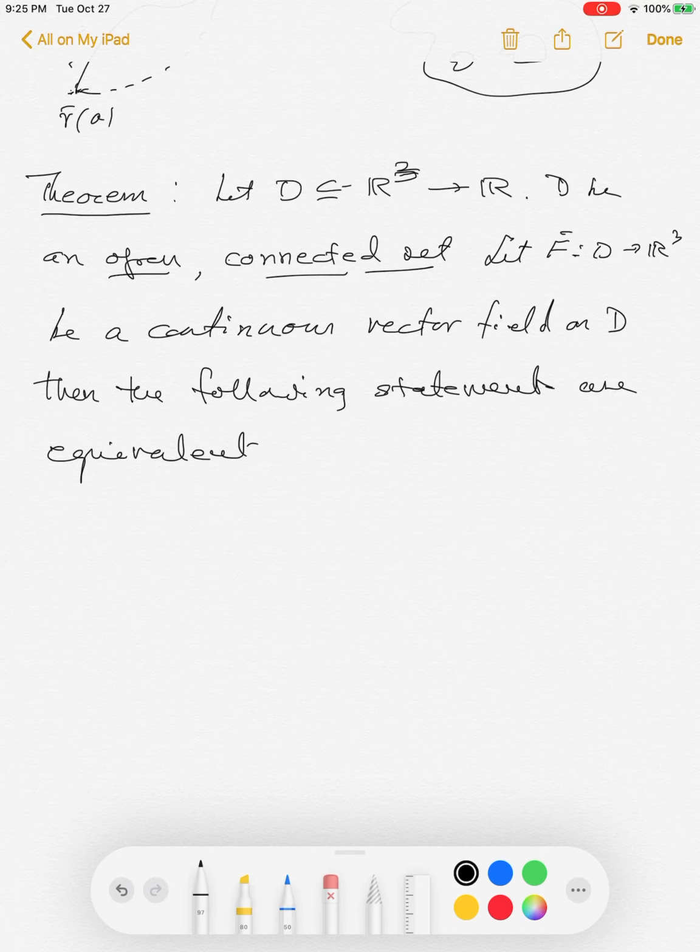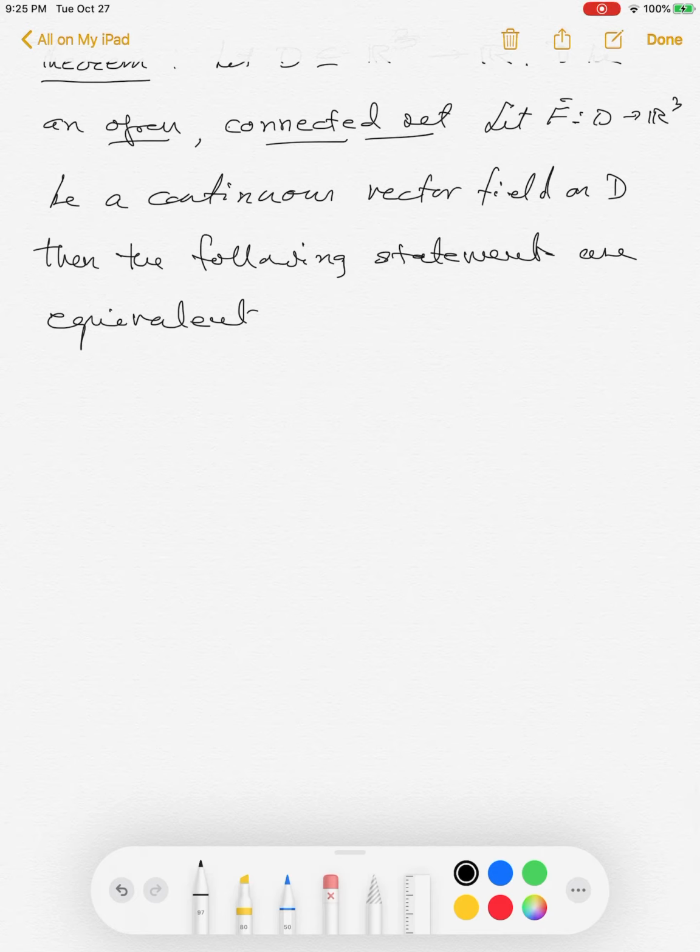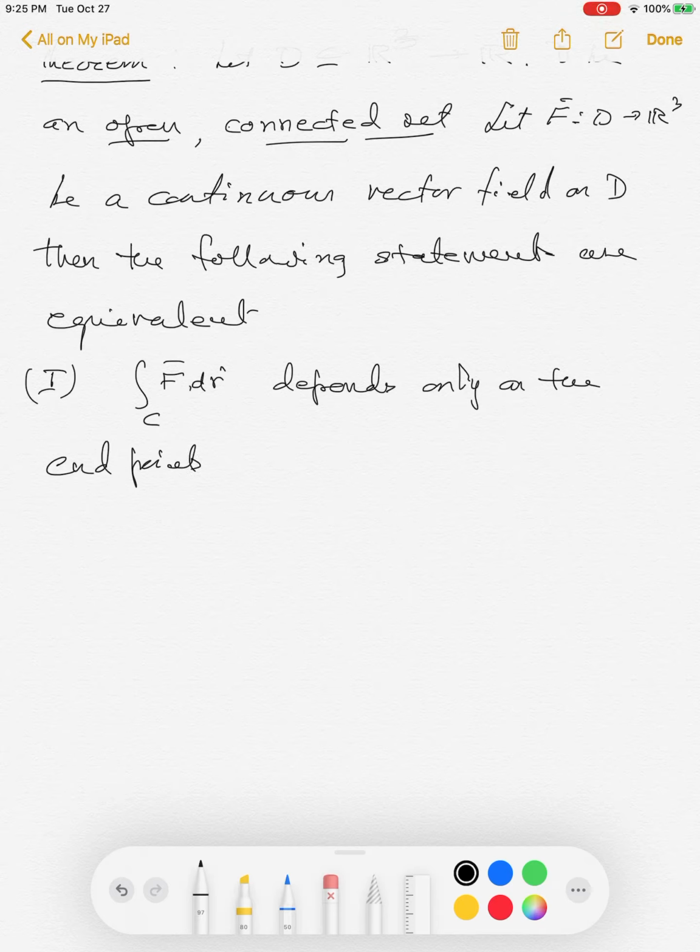That means if one holds, the other two hold. So the first statement is: the line integral of f bar dot dr bar over C depends only on the endpoints of the curve C and not on what curve it is.